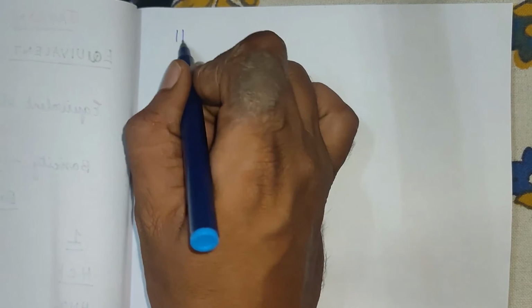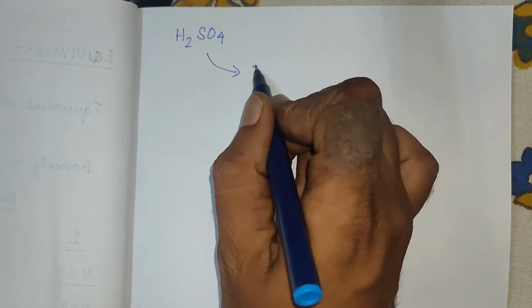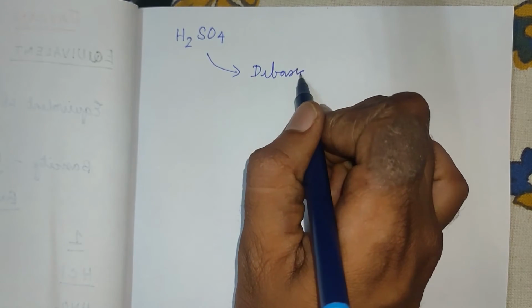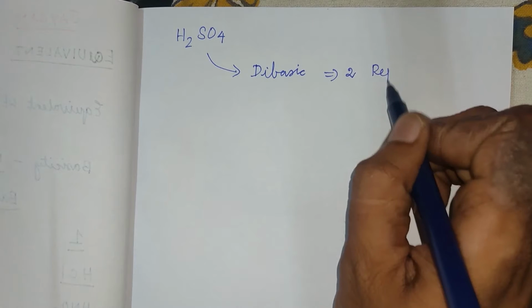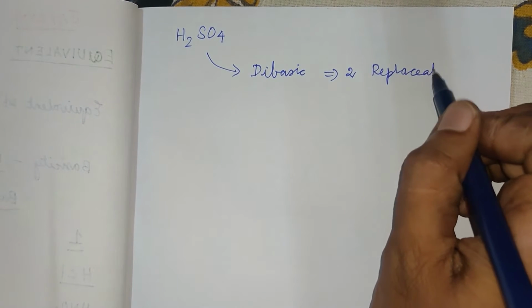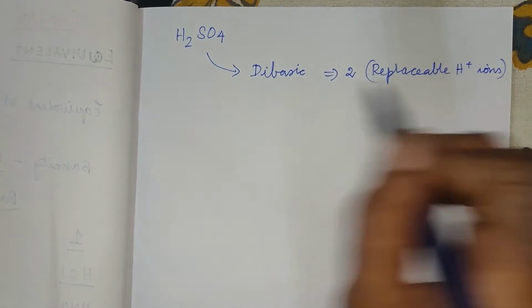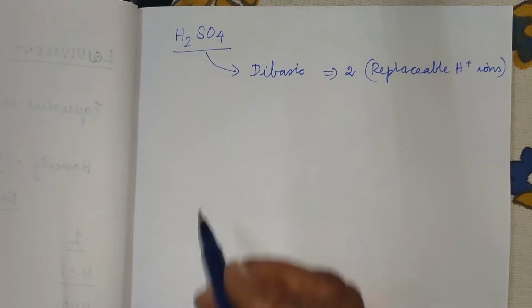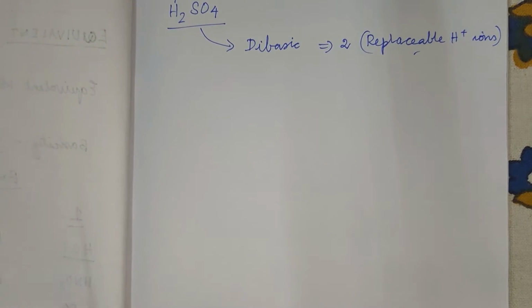We are going to find out the equivalent weight of sulfuric acid. As I said to you earlier, it is going to be a dibasic acid. Its basicity is 2, which means the number of replaceable H plus ions is 2. In this case, the number of hydrogen as well as the number of replaceable H plus ions are the same, right?